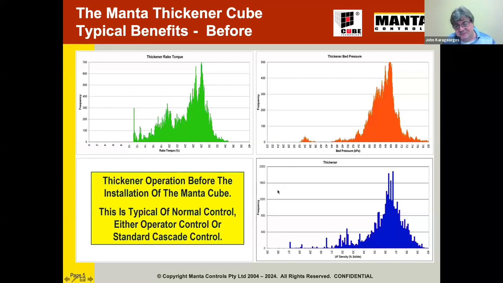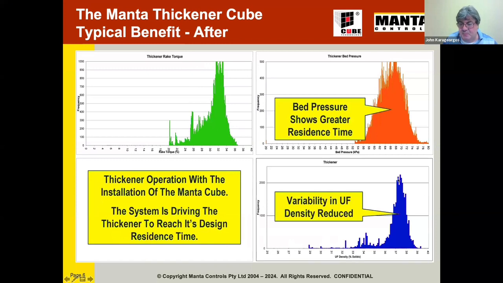Then when we go through the metallurgy of the thickener and actually start looking to control it better, we should be able to get a more stable and a higher underflow density. To achieve that, we're running higher inventories into the thickener, and we're also working the thickener a bit harder. So you might be running at slightly higher rate torques.